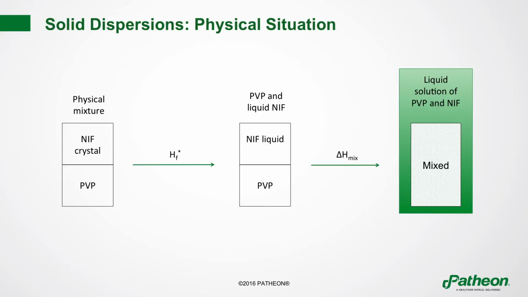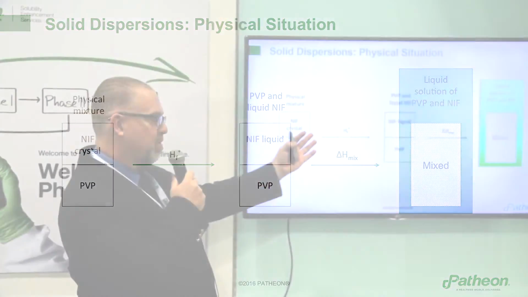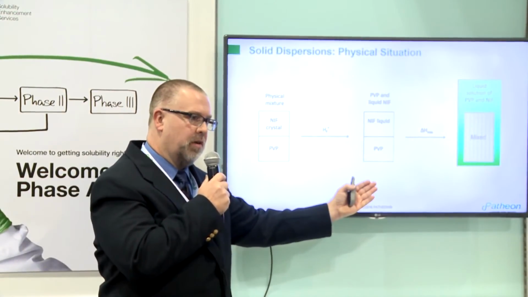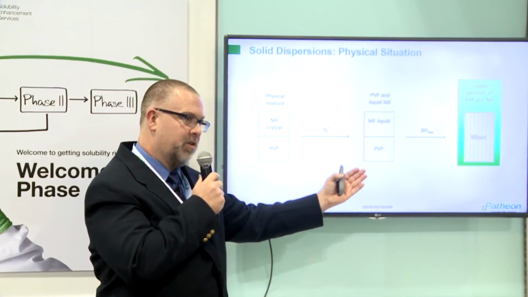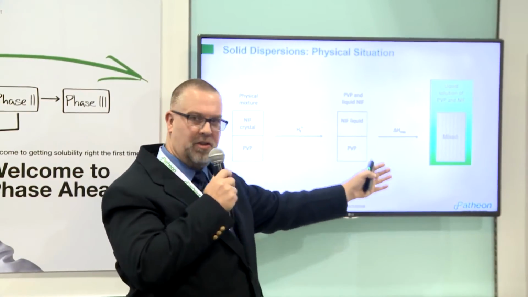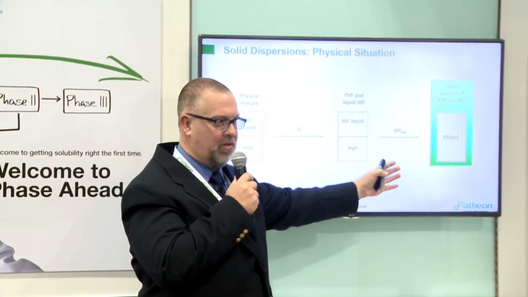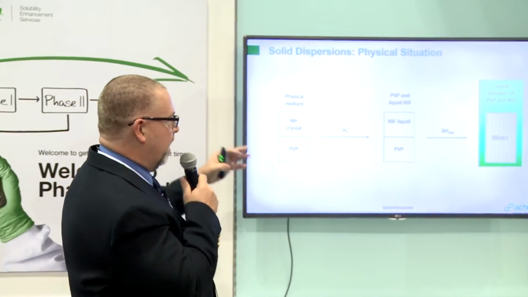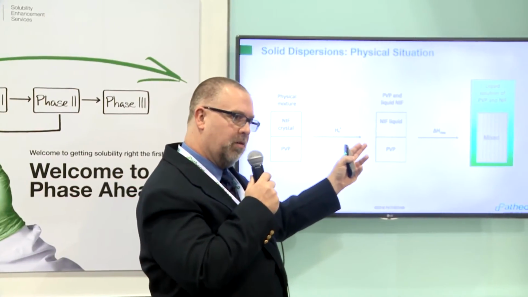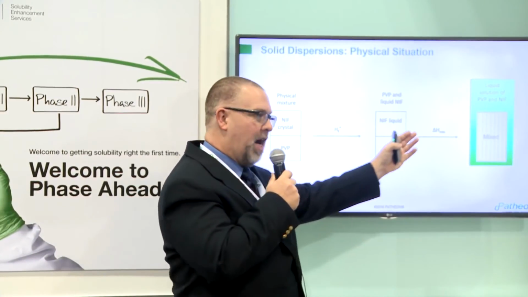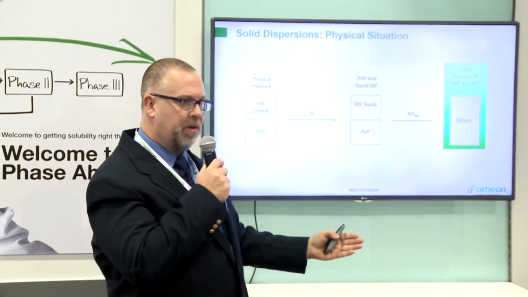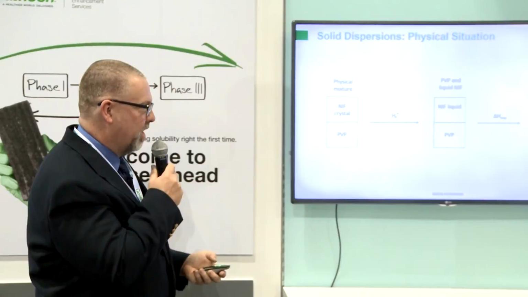Then the energy it takes to melt the crystal would be either less than or greater than what you measure in your experiment. If it's greater than what you measure, you have to add additional energy to get the situation to mix intimately. However, if the actual energy is less than the energy it takes to melt the crystal, then you've got favorable interactions in your dispersion. You can measure this experimentally with DSC, and we've done that.